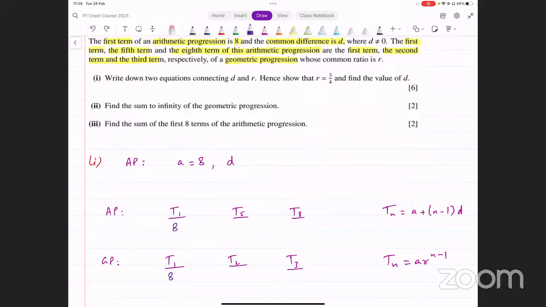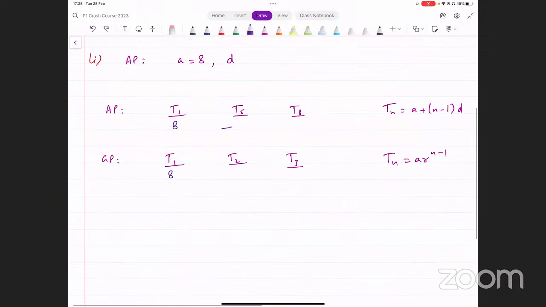What we can do is write down, first of all, the fifth term and the eighth term of the AP. How do we do that? We have the term formula. We know the first term. The first term is 8. So if we're looking for the fifth term, what would that be? A is 8. So that gives us 8 plus n minus 1.